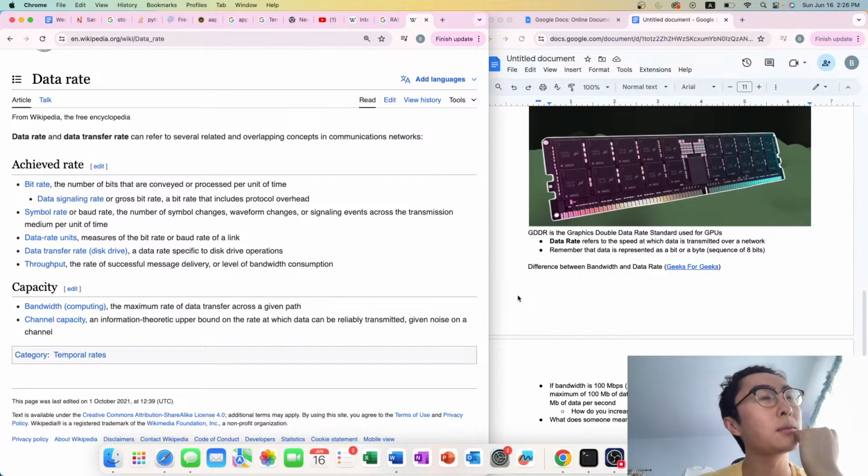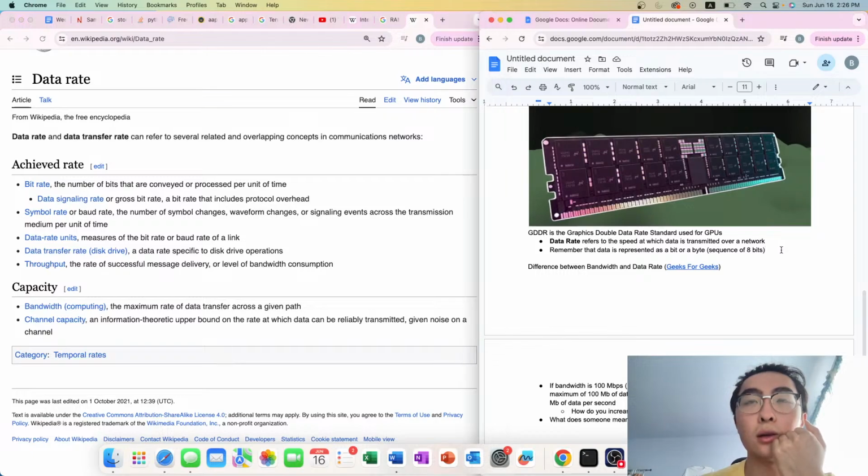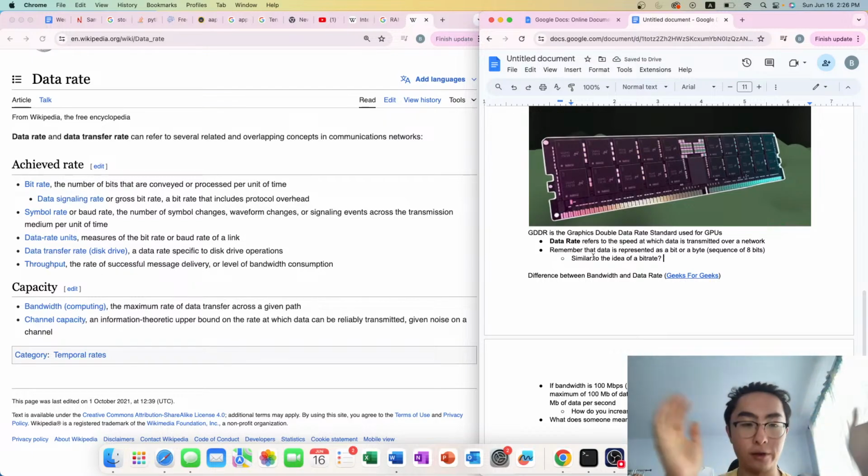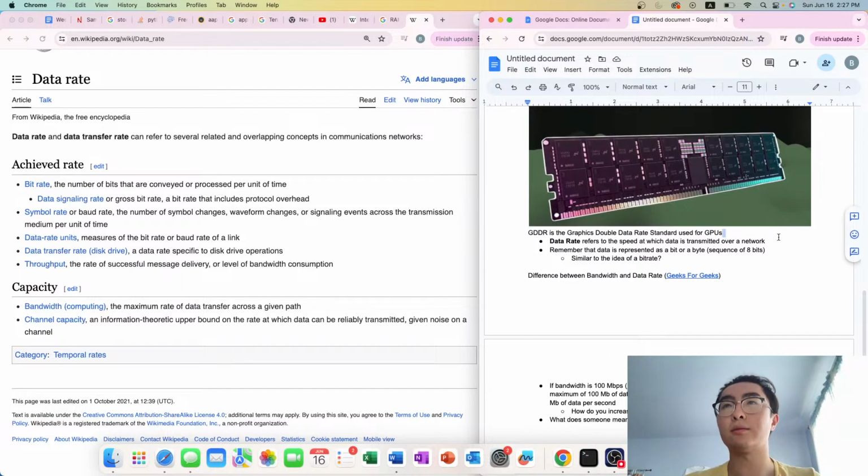So bit rate is the number of bits that are conveyed or processed per unit of time. Similar to the idea of a bit rate. So I guess at a high level then, data rate just refers to the speed at which data is transferred over some type of network, or maybe a channel.